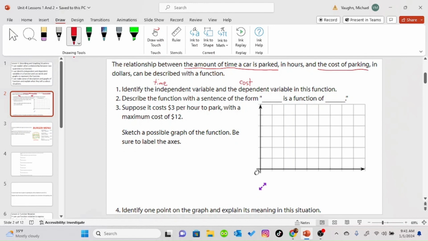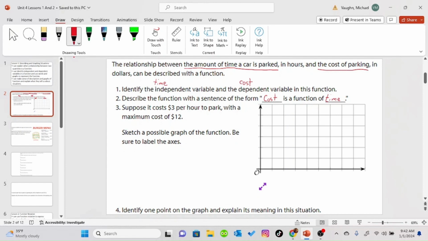So that means that cost is a function of time. Anytime you see this sentence, your dependent variable is first, and your dependent variable is a function of your independent variable, which in this case is time.